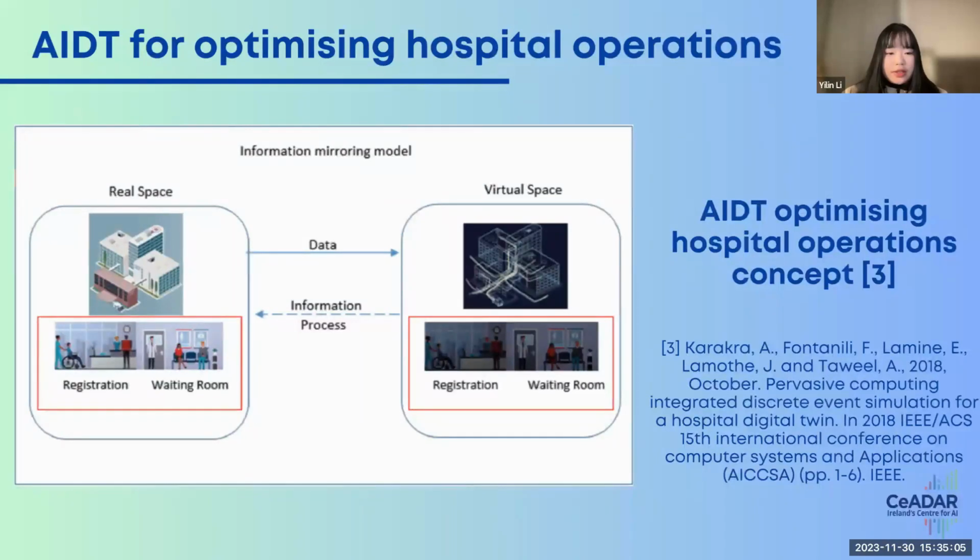As shown in this figure, the physical object, the real object in the real space, provides data to the digital object in the virtual space, which analyzes the data, learns from it, and can then feed information back to the physical object to improve the performance.